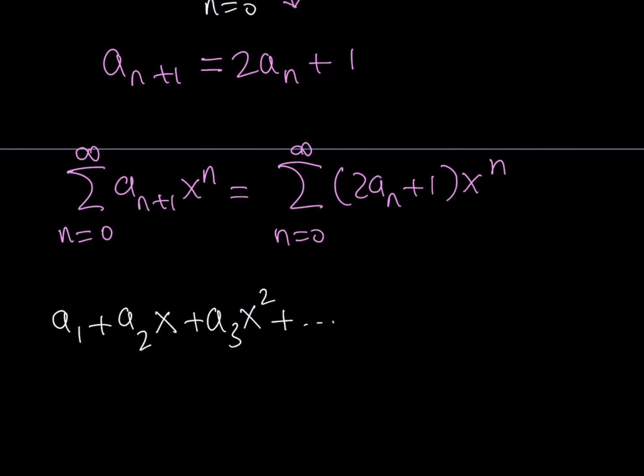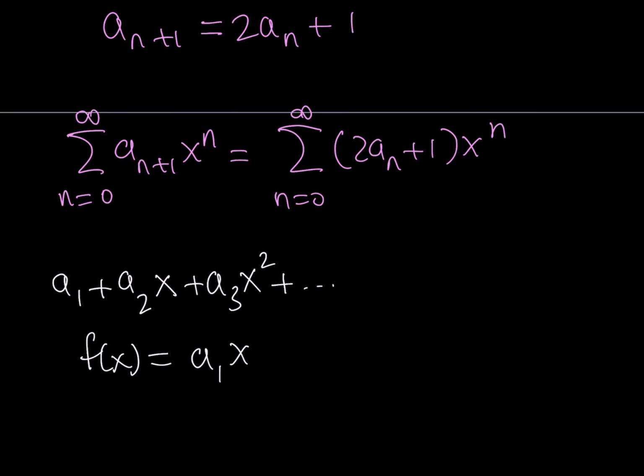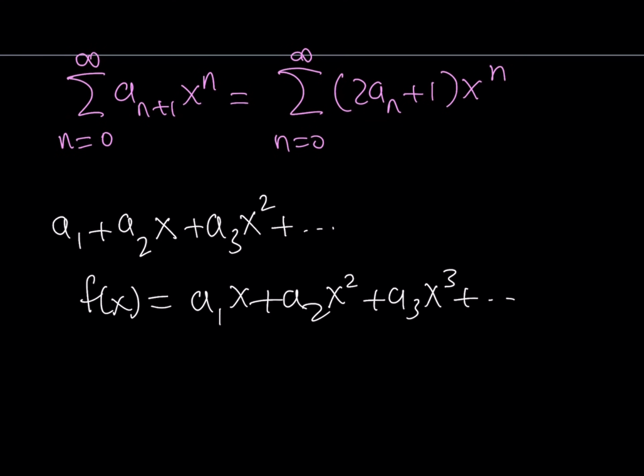I can write our generating function as f of x equals a sub 1 x plus a sub 2 x squared plus a sub 3 x cubed, and so on and so forth. Now, if you compare these two sums, you'll notice that the expression on the left-hand side can actually be written as f of x divided by x, because when we do so, we're going to get this sum here.